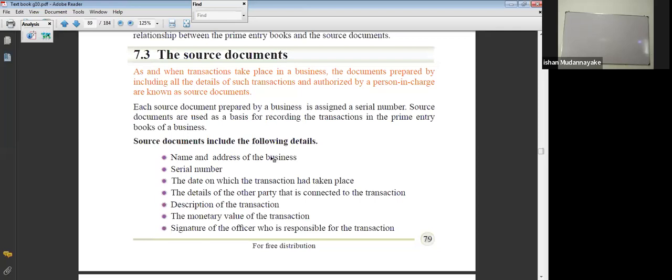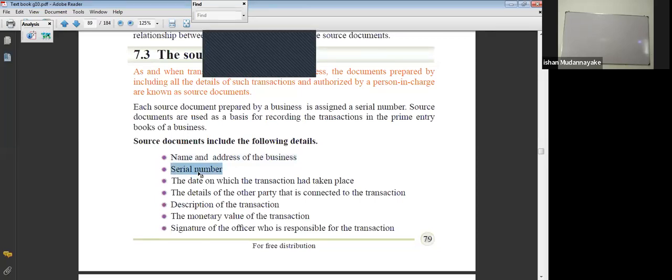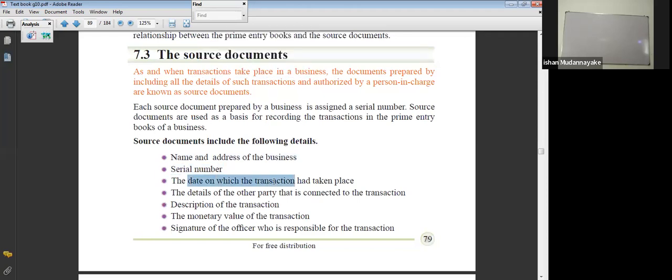Name and address of the business, serial number, the date on which the transaction took place, the details of the other party connected to the transaction, description of the transaction, monetary value of the transaction, and signature of the officer who is responsible for the transaction. These are some of the details included in a source document.